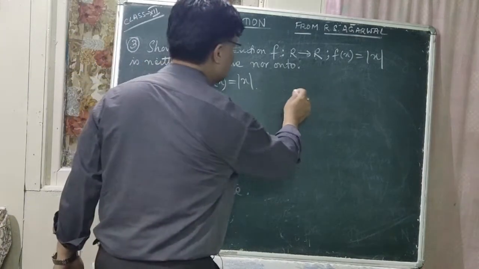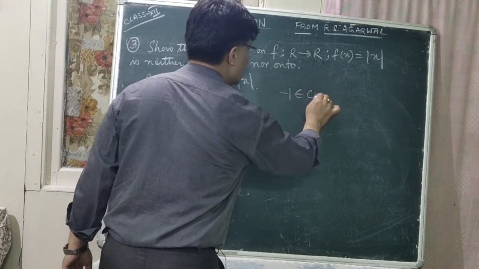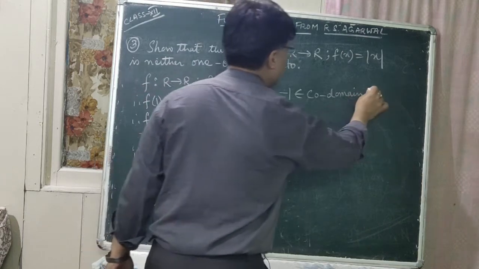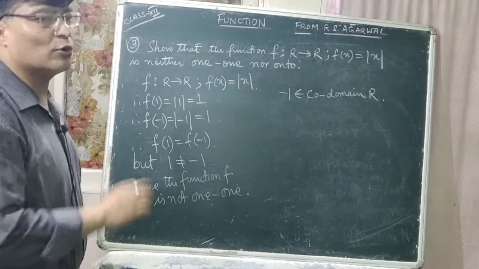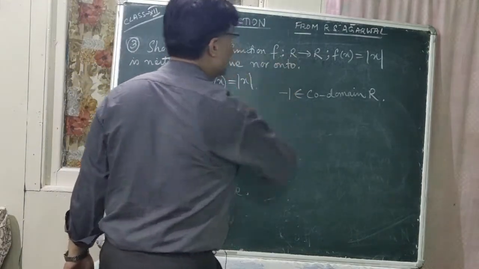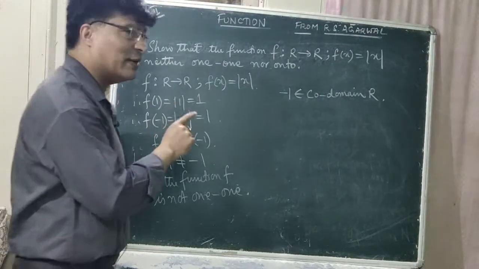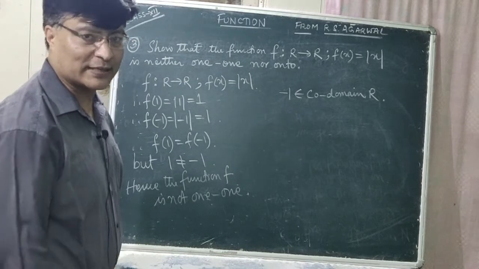So you know that in this real number minus 1 belongs to codomain R. Okay, minus 1 belongs to codomain R, but in the domain R there are no elements here whose image is minus 1, right?